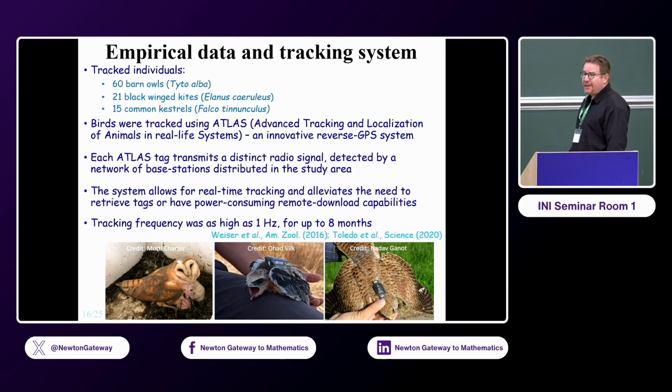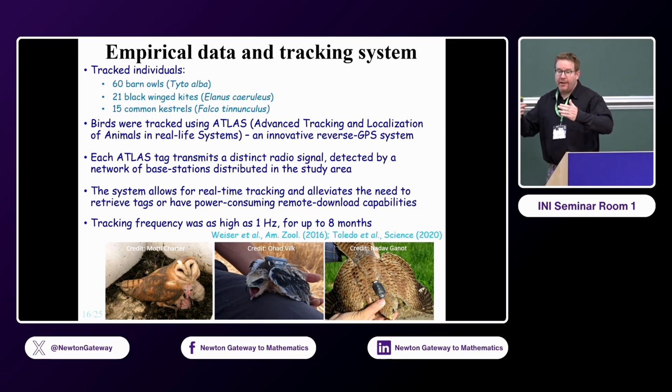Okay, so the system that we have tracked. We have used an innovative tracking system called the Atlas, which is basically a reverse GPS device. Instead of performing the calculations on the chip itself, the radio signal is sent to some antennas which are in the area, and all the calculations are done on the antenna.